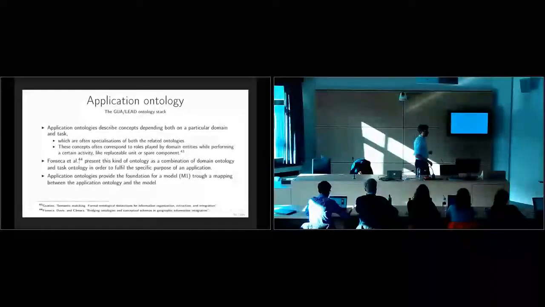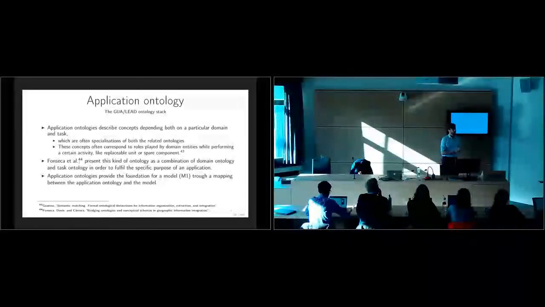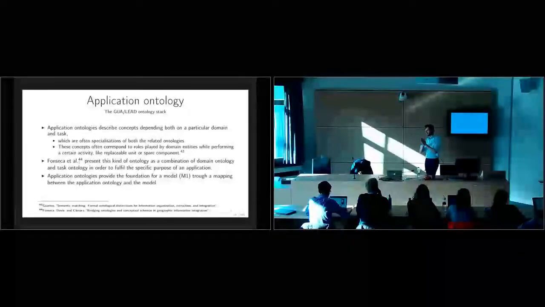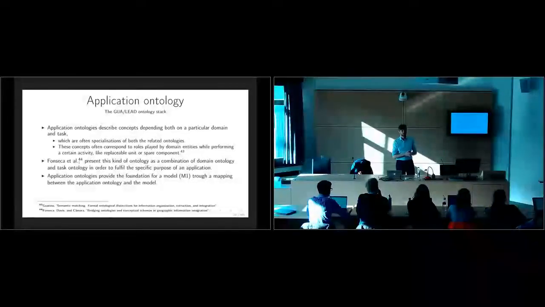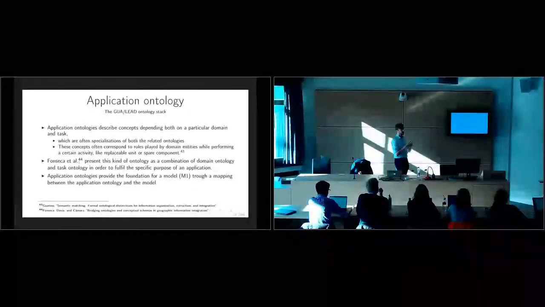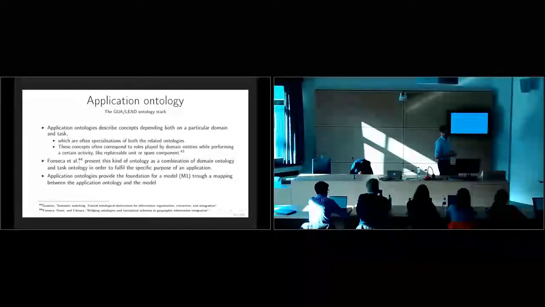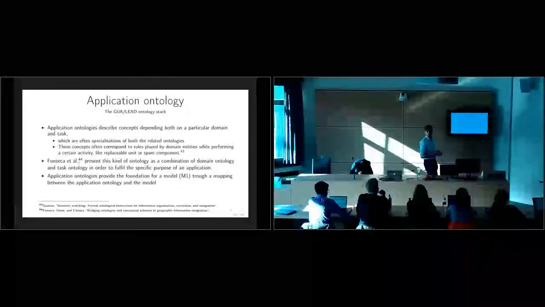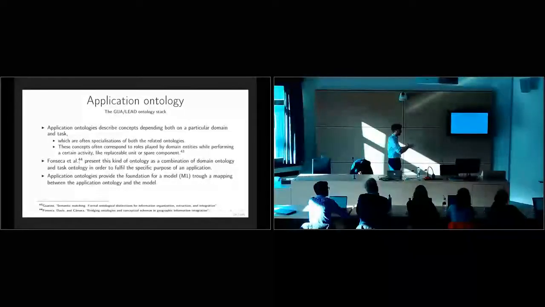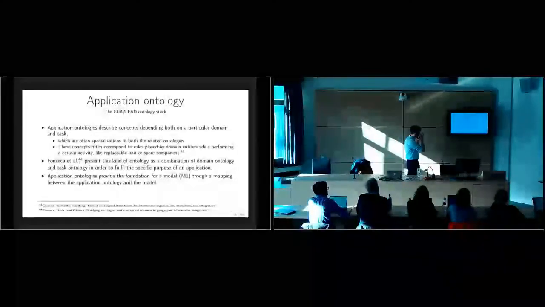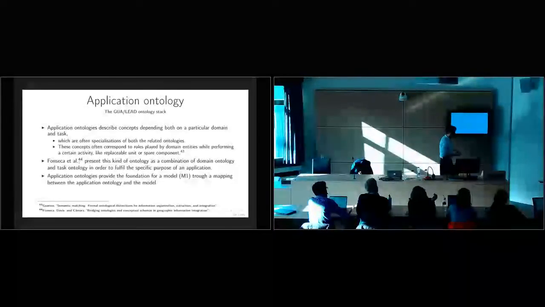Then finally, with an application ontology, you're trying to solve a real world problem. So you apply your knowledge of the domain and of the task you want to achieve. So think of it as, like, cars is a domain.